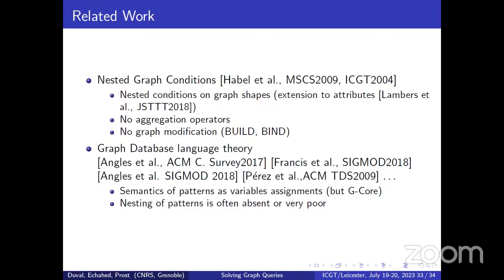The classical nested graph conditions express conditions on the shape of graphs, and to go further, to express conditions on shapes and on attributes, there are some extensions, for example, this one. As for graph database language theory, there is a lot of nice work with clear semantics, but very often they consider variable assignments as semantics and not sets of graph homomorphisms, which prevents this kind of nesting.